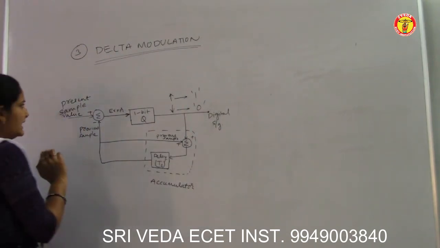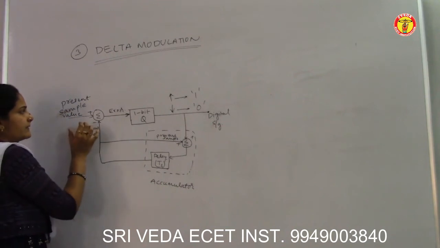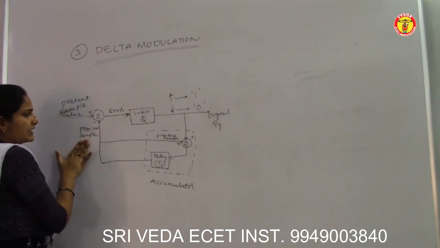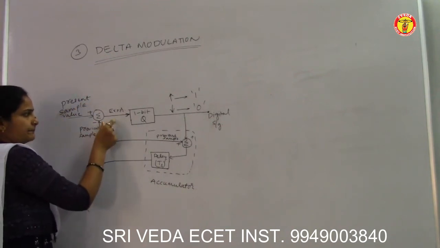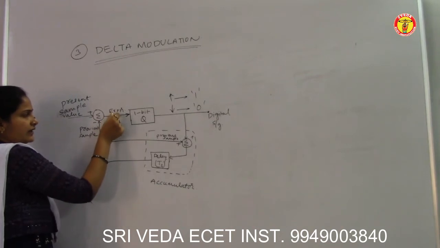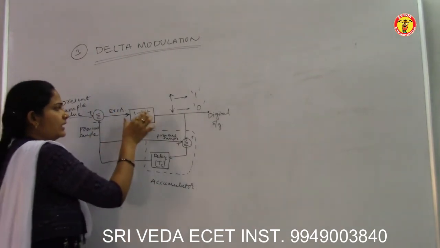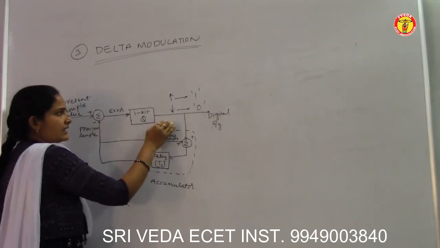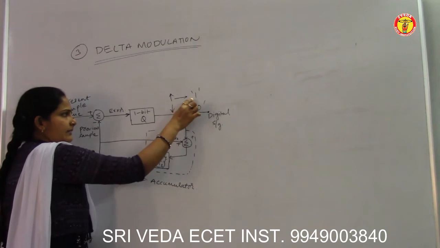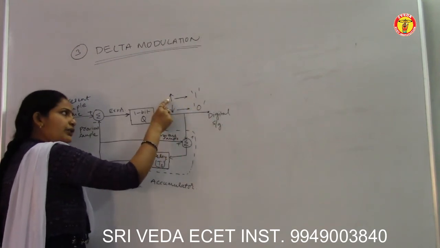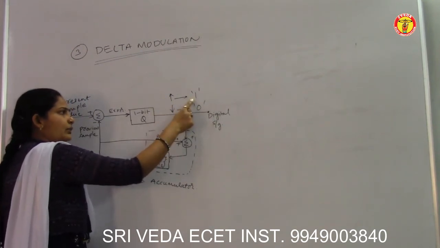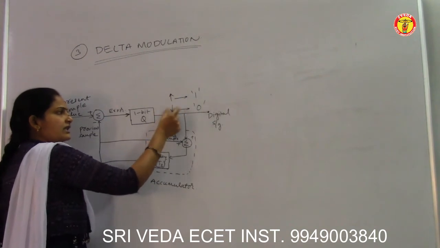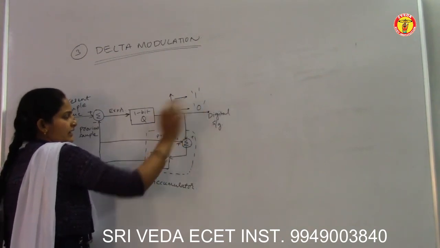So, first of all, in delta modulation the present sample value and the previous sample value are compared, and an error signal is generated. This error signal is given to the 1-bit quantizer, which will generate binary bit 1 or 0. If the amplitude is increased, then binary bit 1. If the amplitude is decreased, then binary bit 0 is generated.